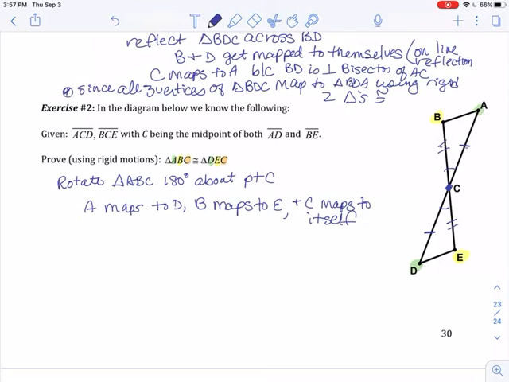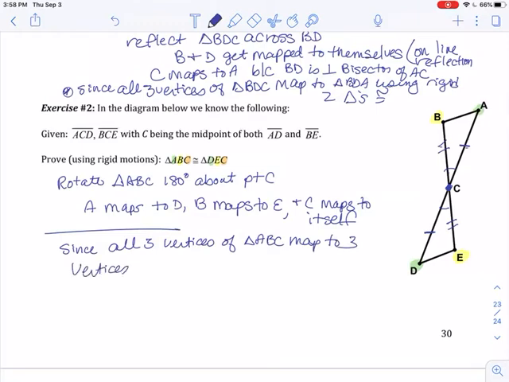Since all three vertices of triangle ABC map to the three vertices of triangle DEC using a rigid motion, that part's important, and the rigid motion this time was a rotation of 180 degrees, then the two triangles are congruent. Oops, I left out triangles again.